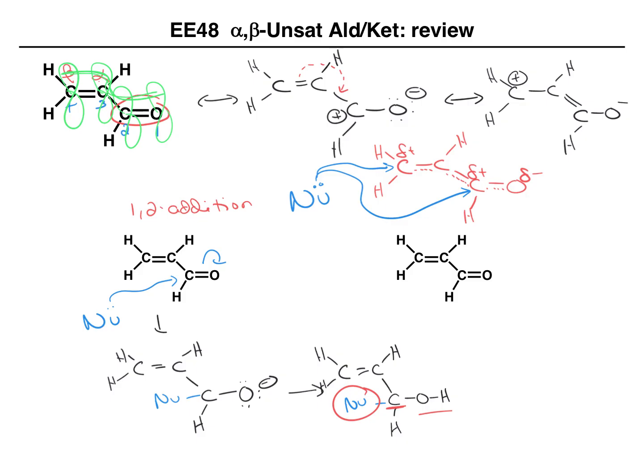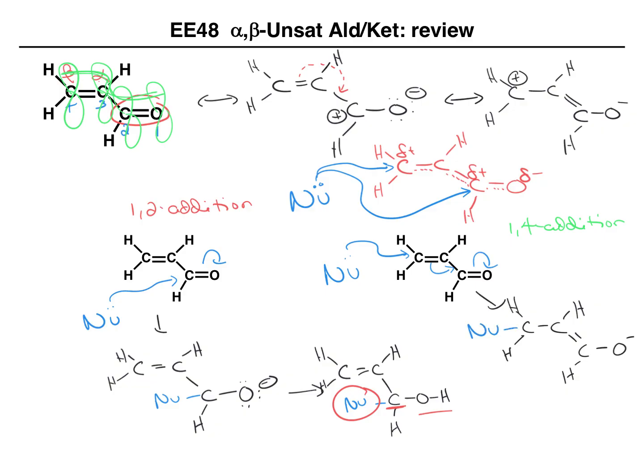On the other hand, if we have an alpha beta unsaturated aldehyde or ketone that goes through 1,4 addition, then the nucleophile will add here, pushing these electrons here, pushing these electrons onto the oxygen. So we get, as an intermediate, this species where our nucleophile has become connected here.